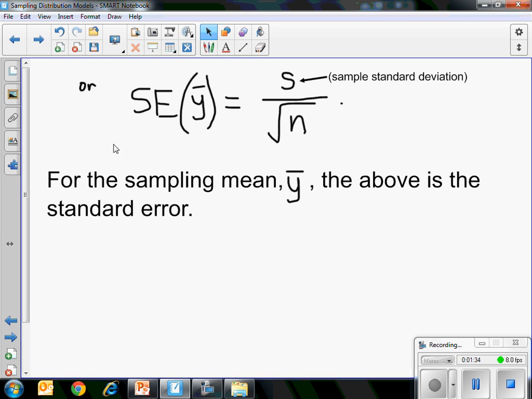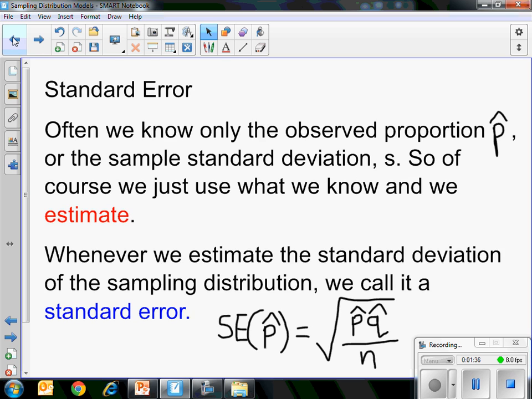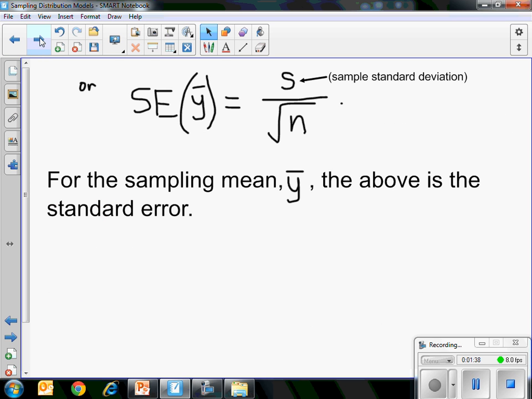So again, that's for categorical data. For quantitative data, for the sampling mean, y bar, we use the sample standard deviation divided by the square root of n, and that's the standard error for quantitative data.